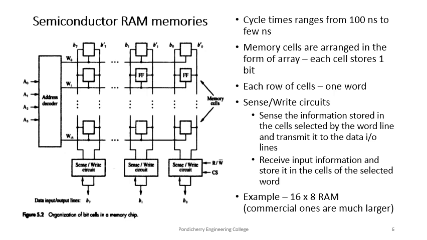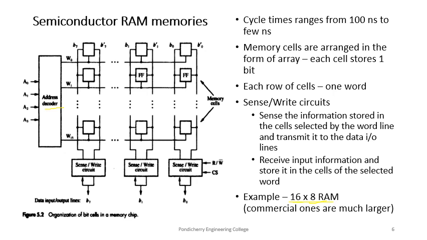So we have this address decoder. This is one possible organization of RAM. The size of this RAM is 16 cross 8, that is, word size is 8. At a time, 8 bits of data can be accessed, and we have 16 such locations.